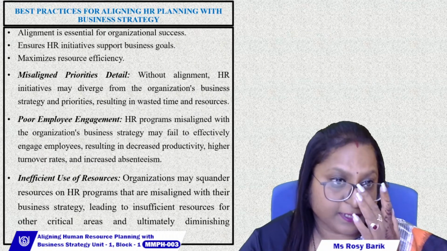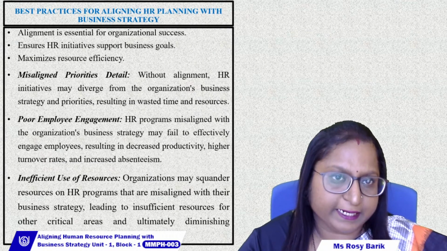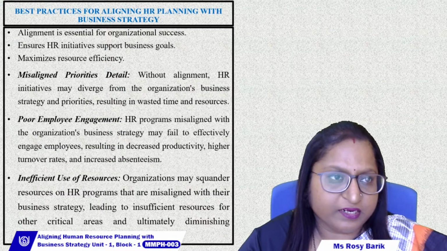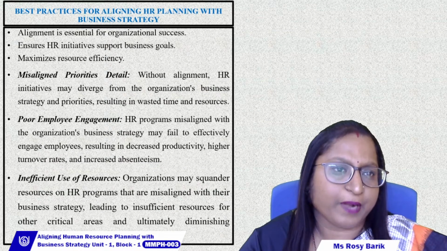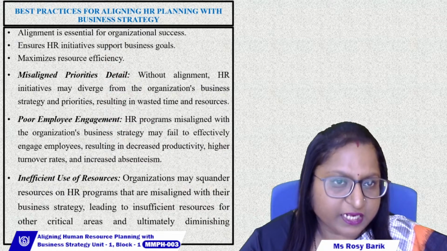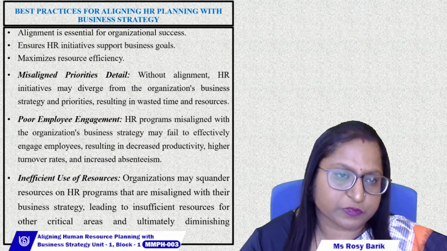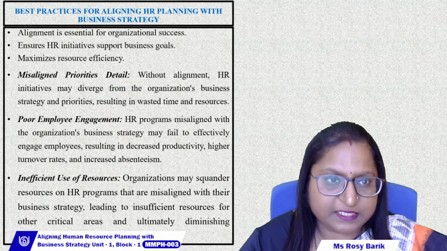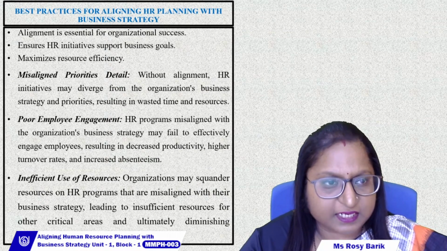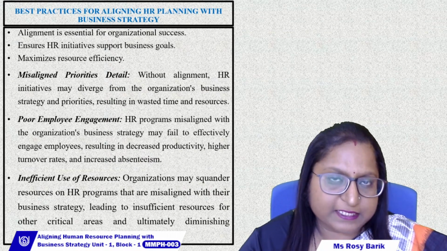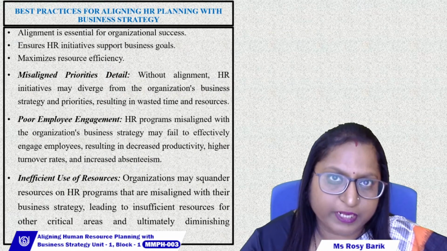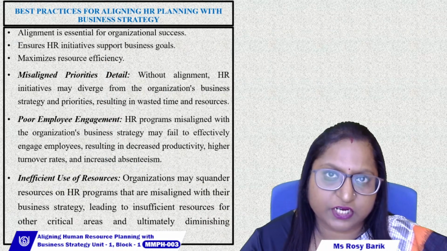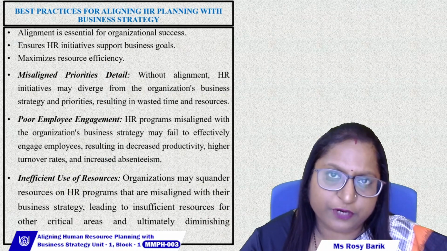So, first is misaligned priorities. Without alignment, HR initiatives may diverge from the organization's business strategies and priorities, which results in wasted time and resources. Poor employee engagement, as we have already discussed, employee engagement is one of the major factors to make the employee feel part of the organization and part of its decision making process.